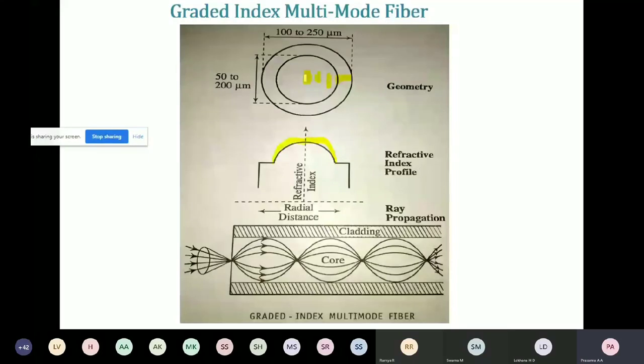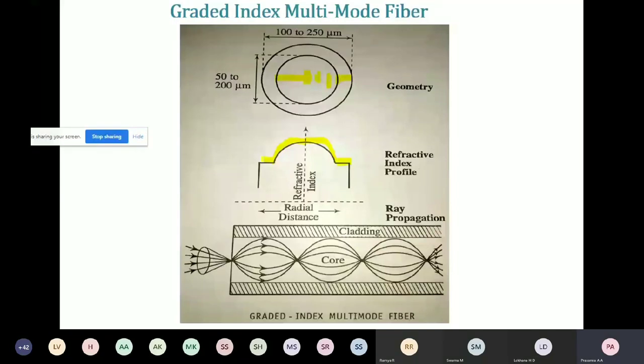Refractive index is highest at the center, lowest at the core clad interface, and it decreases along the radial distance towards the rim, or I can say the interface between the core and clad. But the clad is made to have a constant refractive index, as I mentioned earlier. That's the reason why the refractive index profile looks like this.